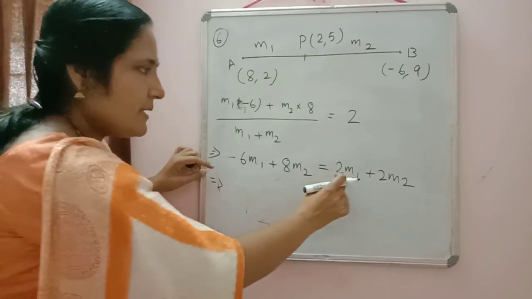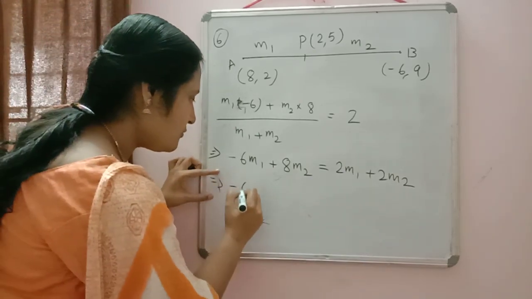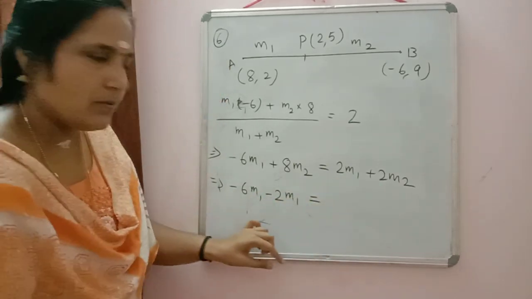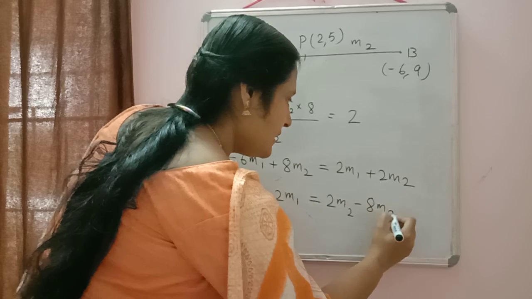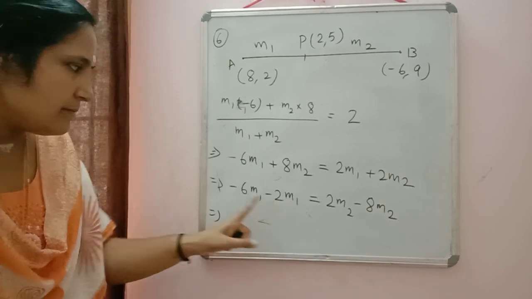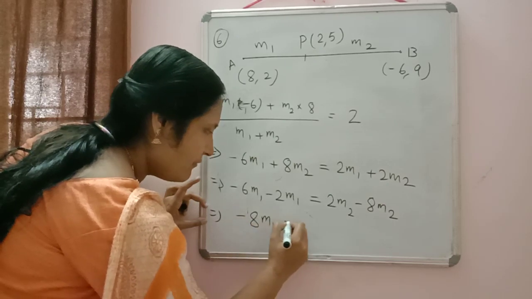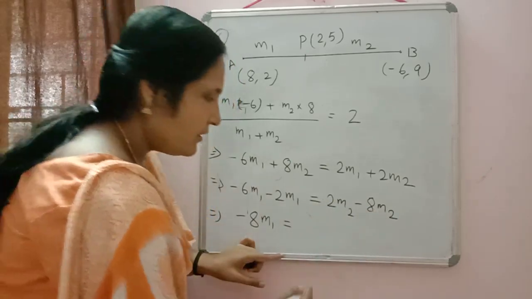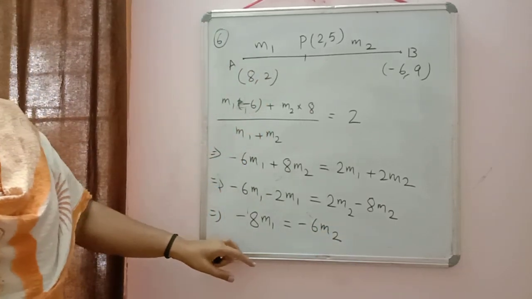So I shift 2m1 to the left hand side and 8m2 to the right hand side. -6m1 minus 2m1 is -8m1, equal to 2m2 minus 8m2. 2 minus 8 is -6m2. Till here it is clear?